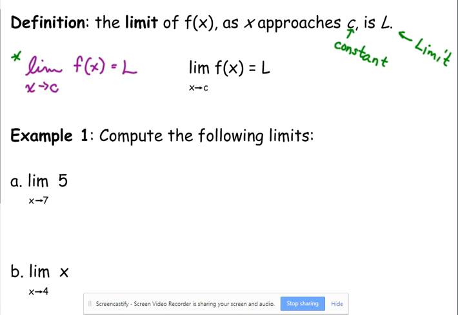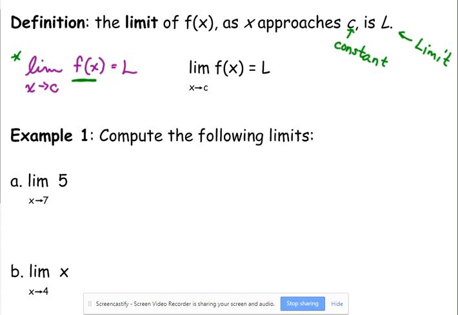It has an underscript there of x with an arrow approaching c. That's not a minus and a greater than sign, that's an arrow. Approaching c, whatever constant we're talking about, of the function f of x equals L. That's the notation that we will use for that.